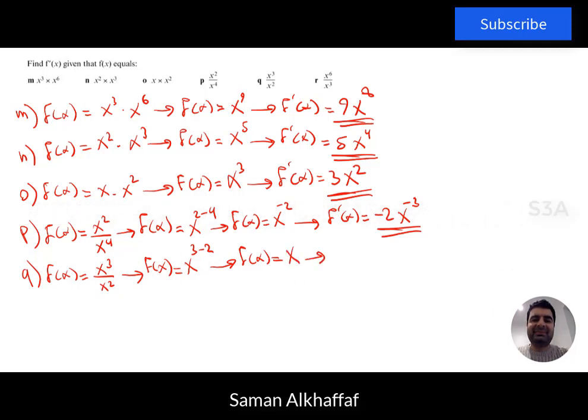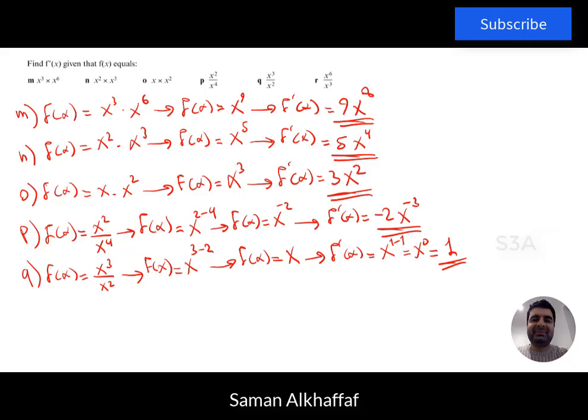So for us to find the derivative, we take away in this scenario 1 from the power. So since the power of x is 1, and take away 1, it becomes x to the 0, so that means the derivative will be 1. So this is what will be our answer for part Q.